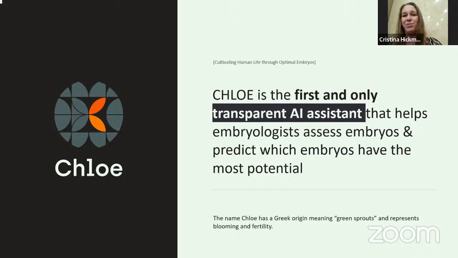And Chloe's job is to help the embryologist assess all of those 2.5 billion data points together and determine and predict what is the chance of this particular embryo leading to a healthy live birth. So the name Chloe is interesting because it has a Greek origin, which means green sprouts, and represents blooming and fertility. Next slide.